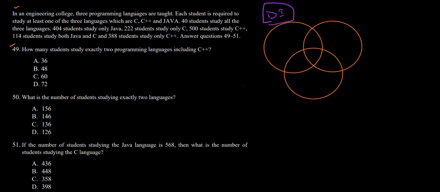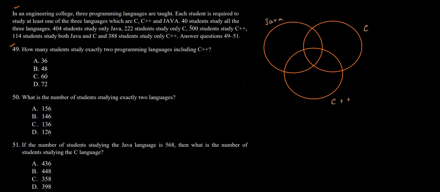So as you can see, we have 3 circles representing each language. Now just let's name this and put the data in this Venn diagram. So starting from here, we let this circle represent Java, let this circle represent C, and let this circle represent C++.